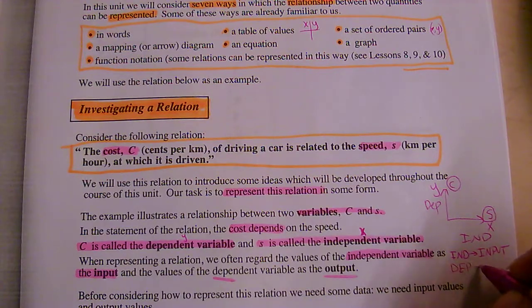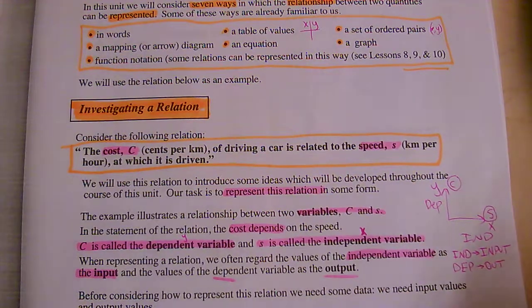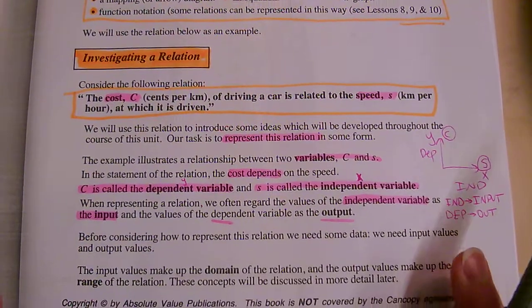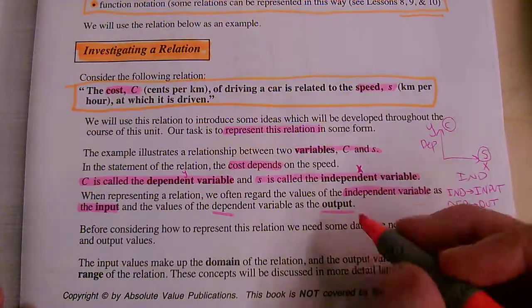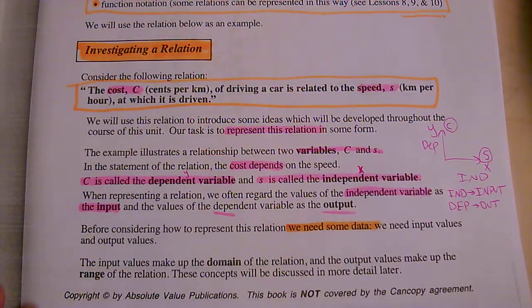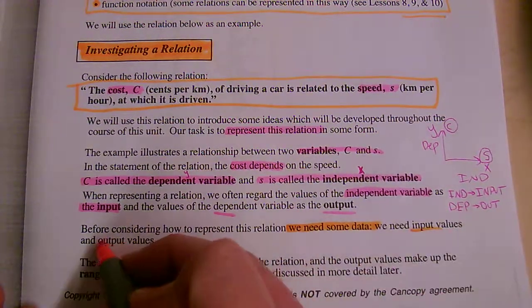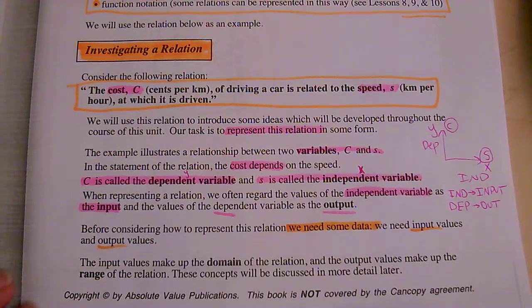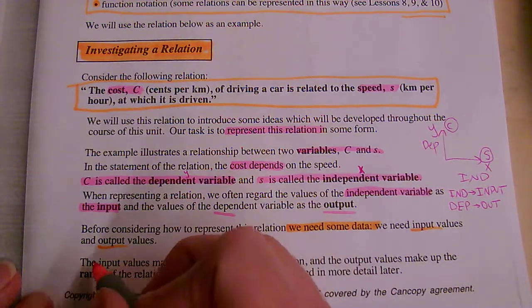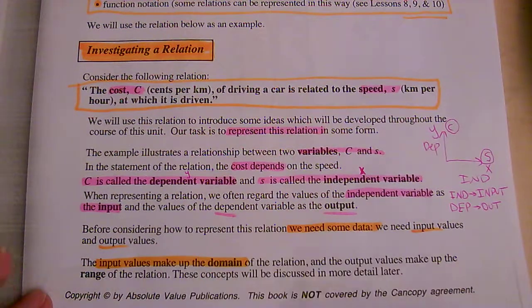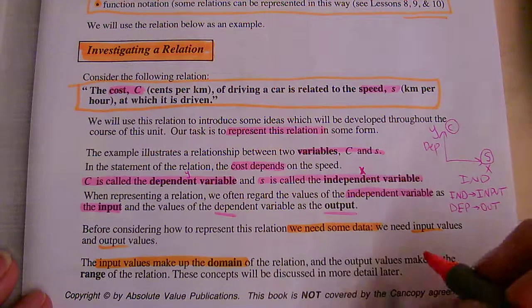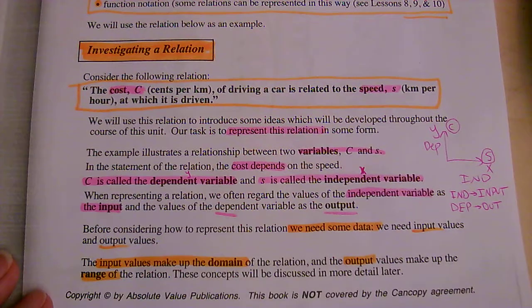Dependent out. Before considering how to represent this relation, we need data, so we need those output and input values. Another important thing: the input is also going to be the domain, and the output is the range.